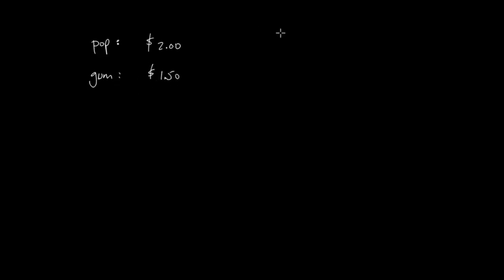Now, if you do a survey where you're keeping track of X, which is the amount of money spent by an individual in the store, and you stand outside of the store and ask people when they come out, how much money did you spend?